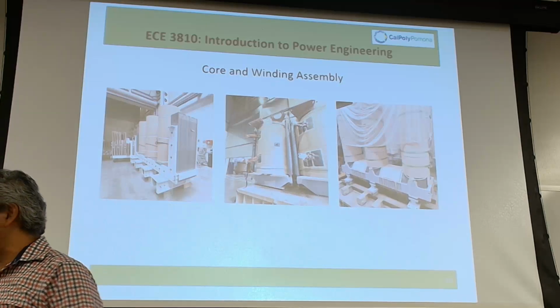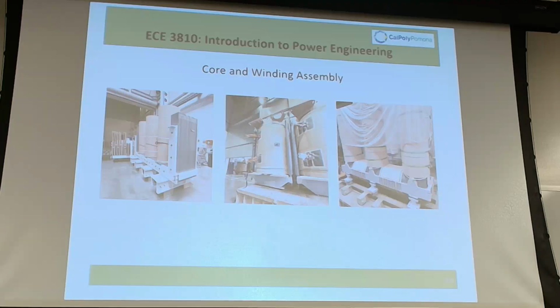The thickness is, I think, less than 1/10 of this page. That's how thin they are. I put my finger on one of them in a picture just to show how thin those sheets are. So you have these long sheets of iron, and they just stack on each other.